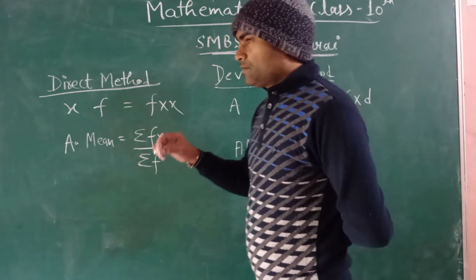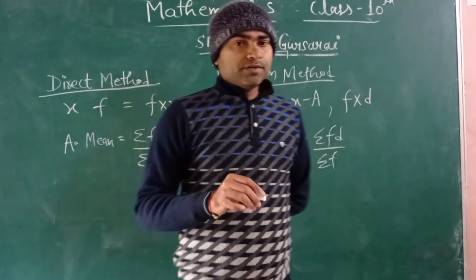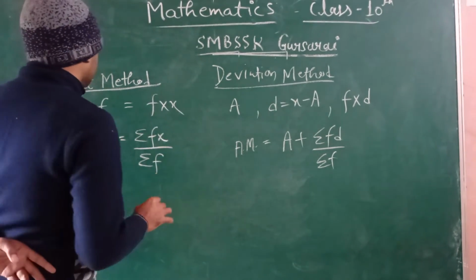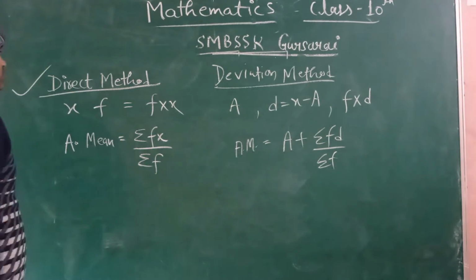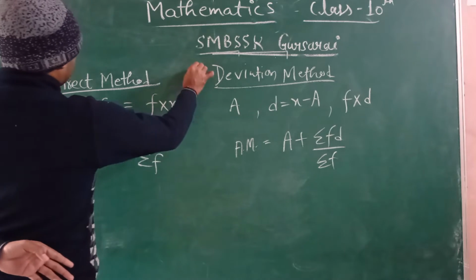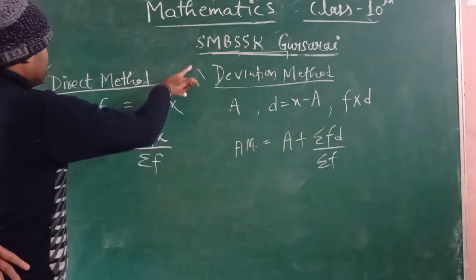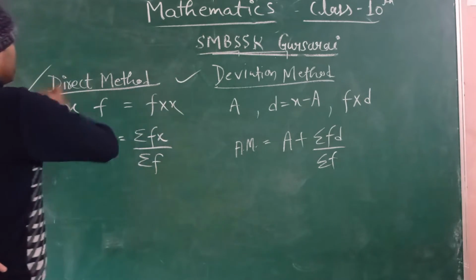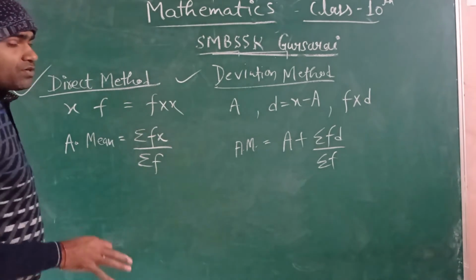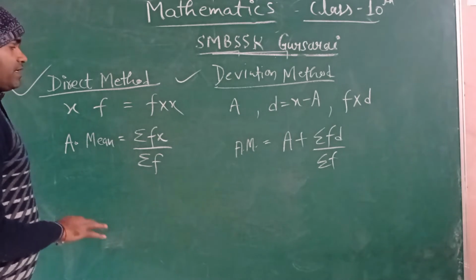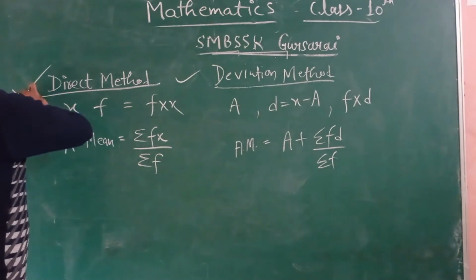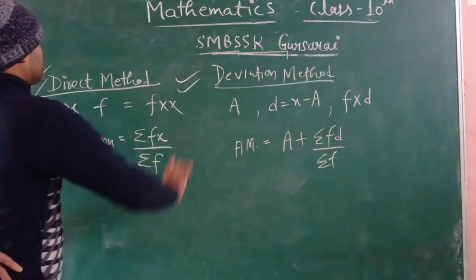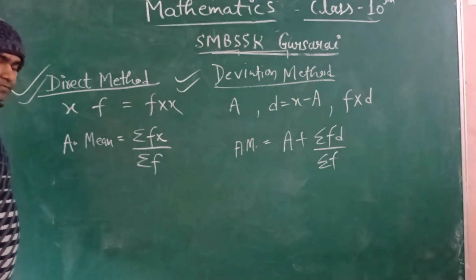If in your exam paper the mentioned method is the direct method, you cannot solve by the deviation method, and if the examiner has asked by the deviation method, you cannot use the direct method. If he has not said anything, then you are free to use either the deviation or direct method. Okay.